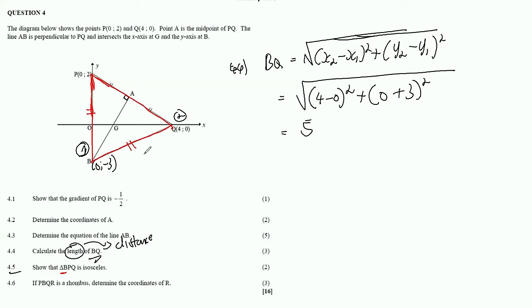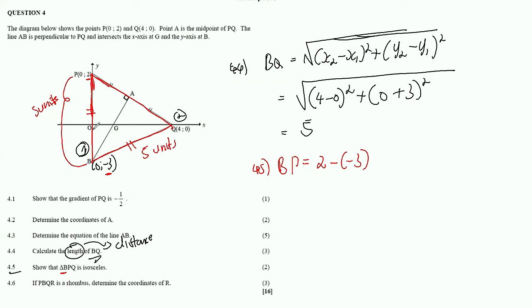Now remember, we just calculated BQ, and we found that BQ is 5 units, right? So for 2 marks, I think we would have to calculate BP. Looking at where it is, it is much simpler because this is a vertical height. So moving from -3 to +2, the distance in between BP would have to be 5 units. Calculating BP for 4.5, I would only need to say 2 minus -3.